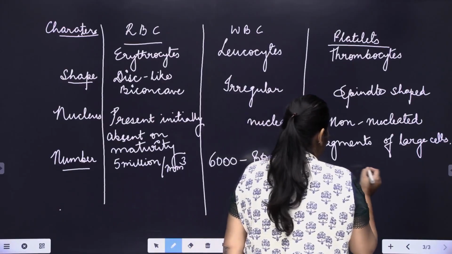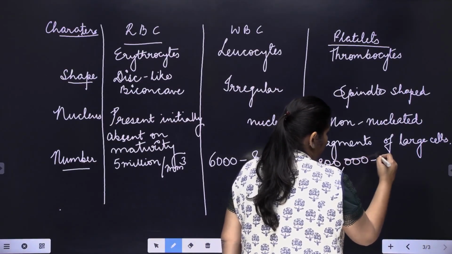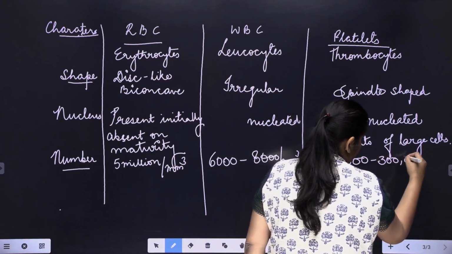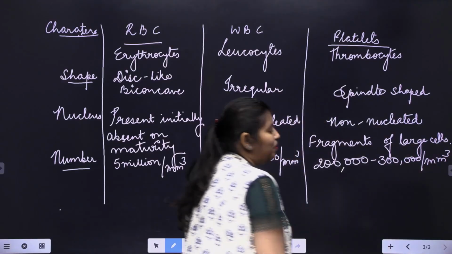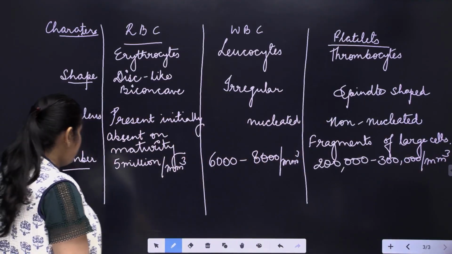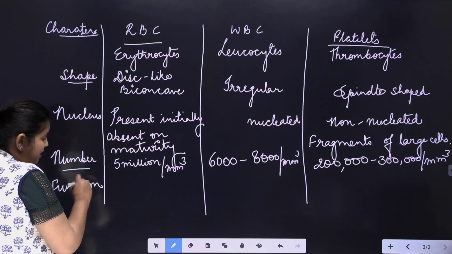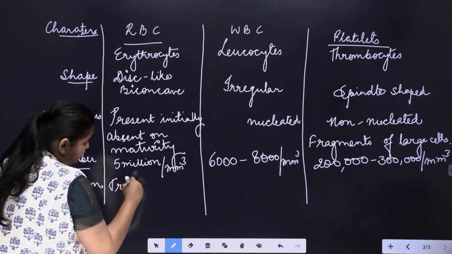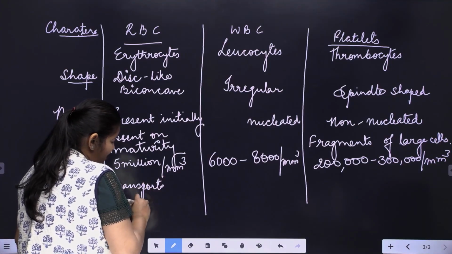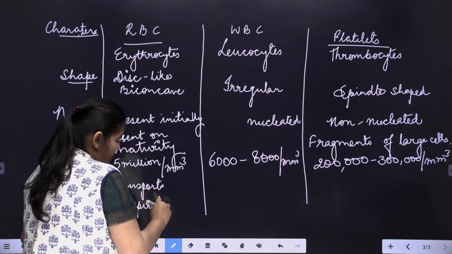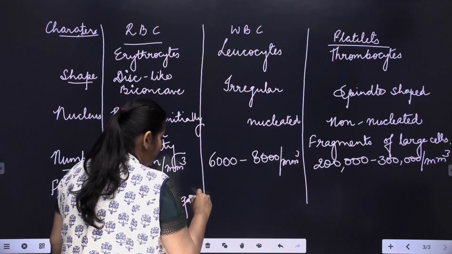Platelets, if I talk about, we have about 2 million to 3 million per mm³ of the blood volume. Functions in specification. The RBC transports respiratory gases, all right.